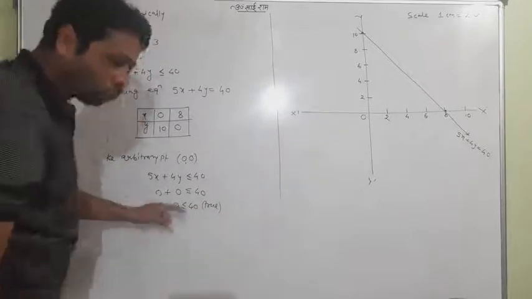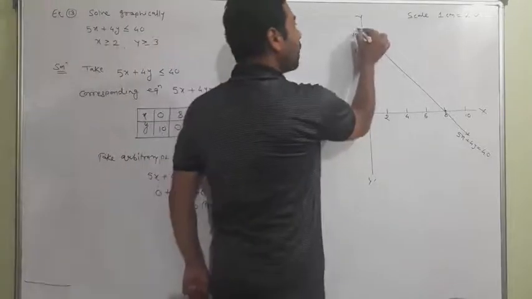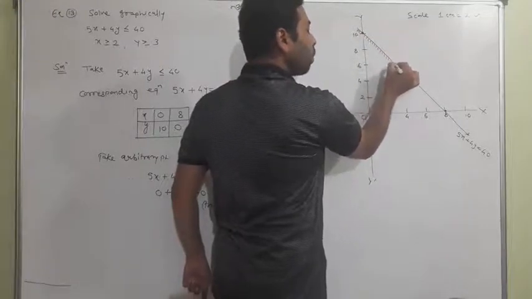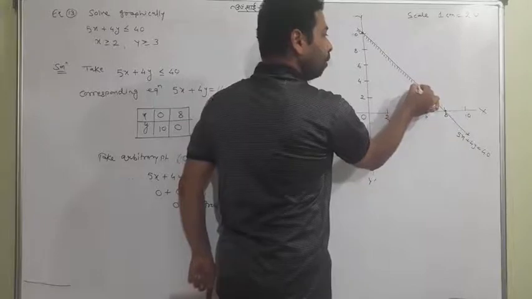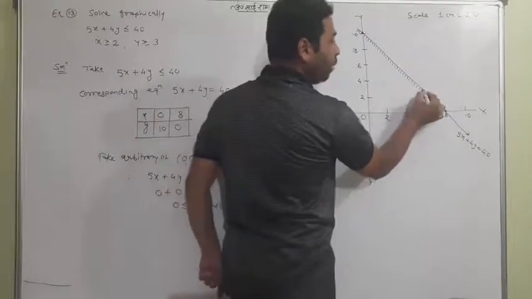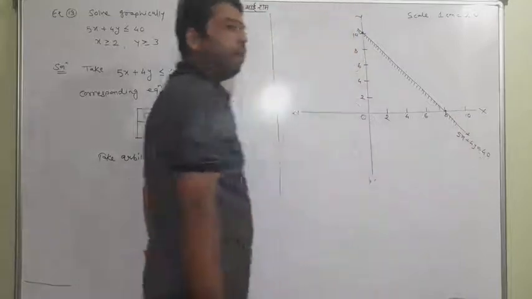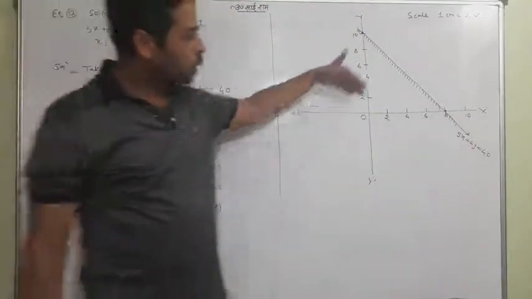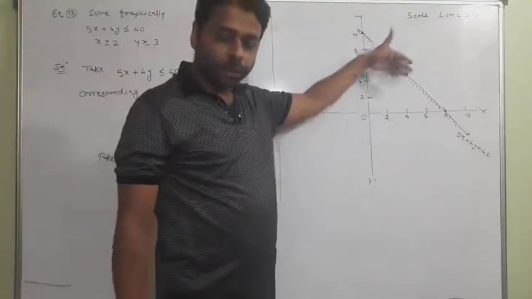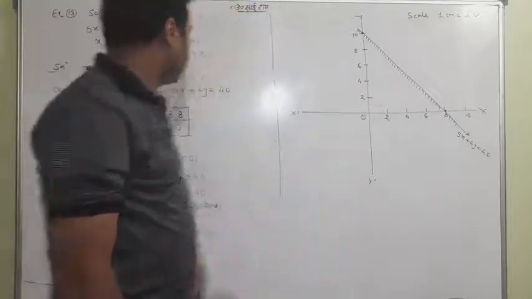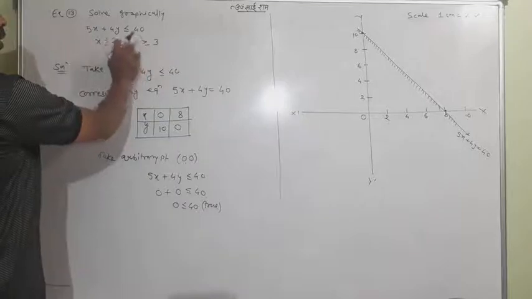And when it is true, we have to shade the region below the line because it contains the origin, because the origin satisfies the given inequality. So towards the origin the shading must be marked.